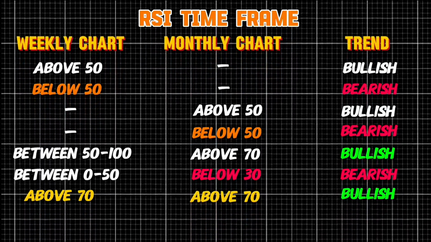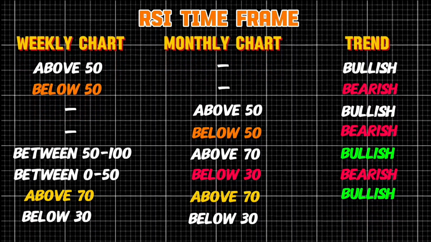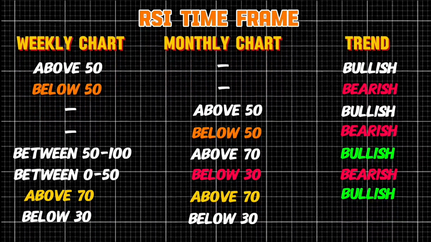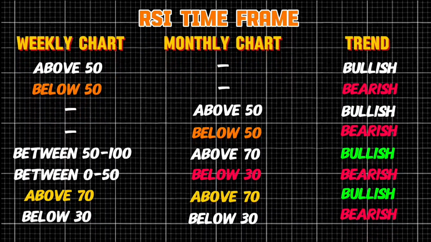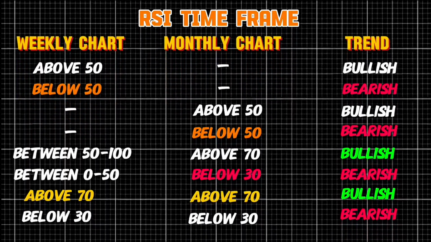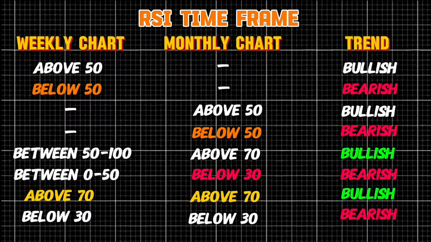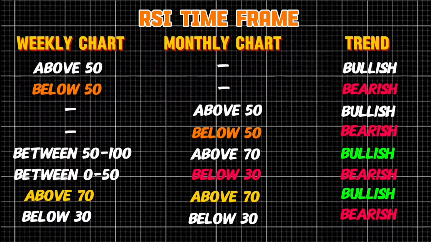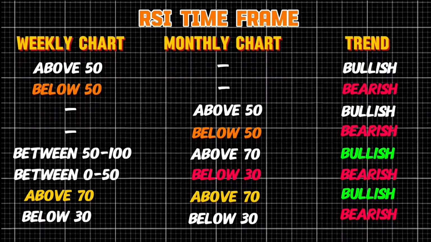Conversely, if RSI is below 30 on both time frames, it indicates an extremely strong bearish trend. By analyzing RSI across multiple time frames like this, you can get a much clearer picture of the overall market trend.